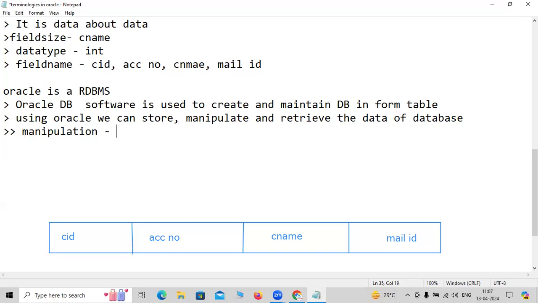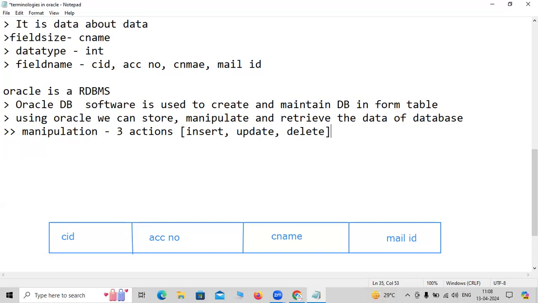Manipulation means three actions, that is insert, update, and delete. So using Oracle, we store the data in the database. We manipulate data, that is we insert the data, update the data, and delete the data, and we retrieve the data. So retrieval means select command.